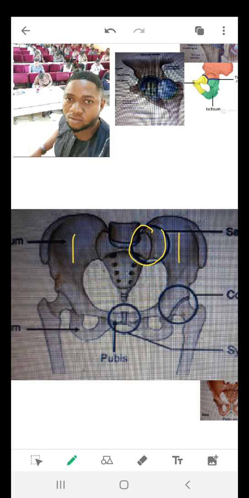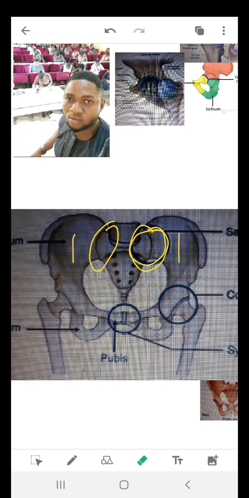Then we have another joint here called the pubic symphysis. I will have you know that the sacroiliac joints are atypical synovial joints, and they have a very limited range of movement.